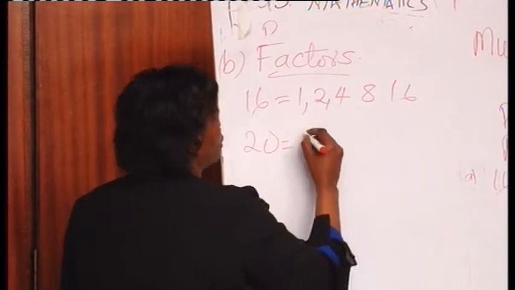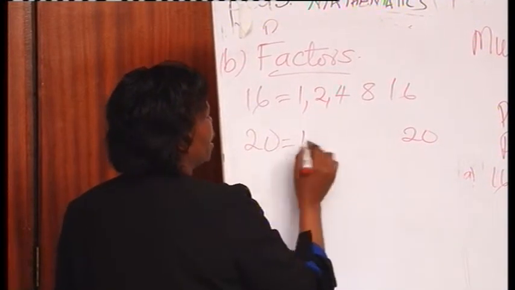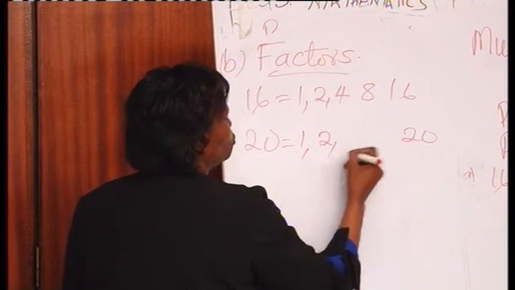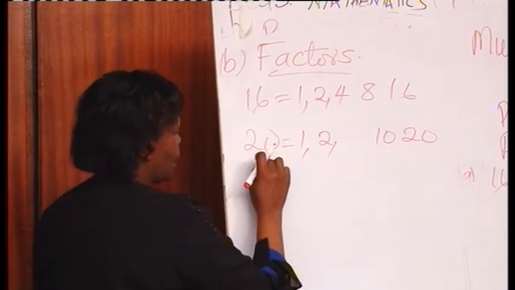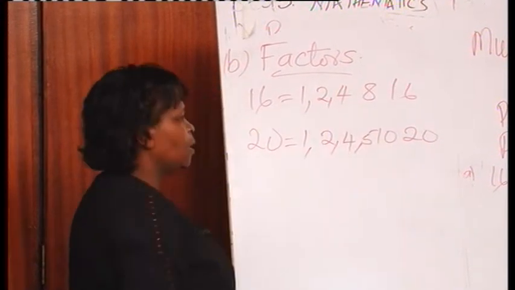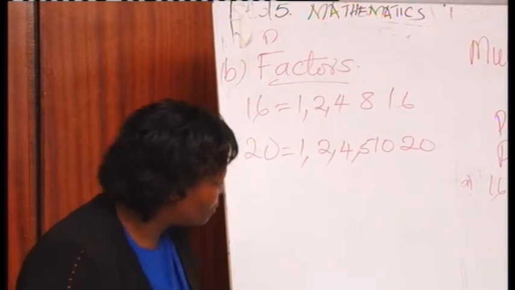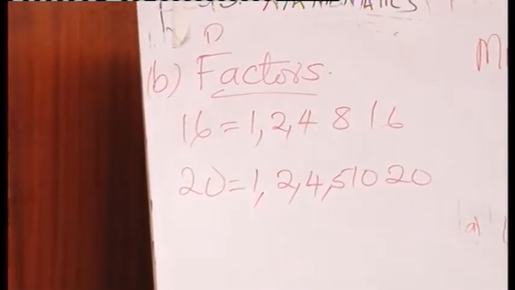Then what about 20? It will be 1 and 20. Then I believe 2, because 20 is an even number, so I'll have 2 and 10. Then I know of 4 and 5. So these are the factors that can divide these 2 numbers.